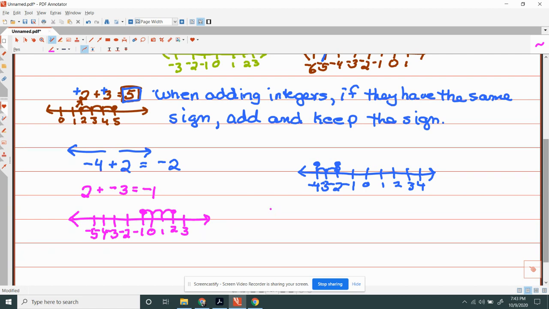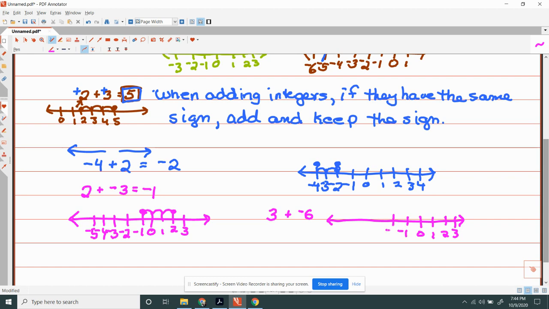Let's see, how about 3 plus negative 6? Get our number line. 0, 1, 2, 3.